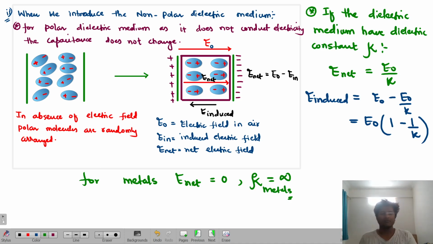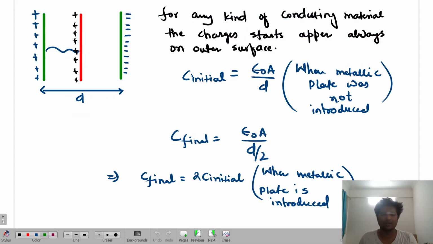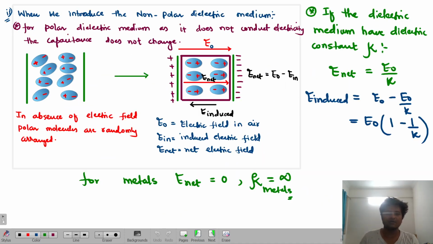So if you introduce a full conductor in between the plates, then what will happen? The net electric field will become how much? Zero. Is that clear? Are you able to get me or not? Okay? Good. So can we move ahead?